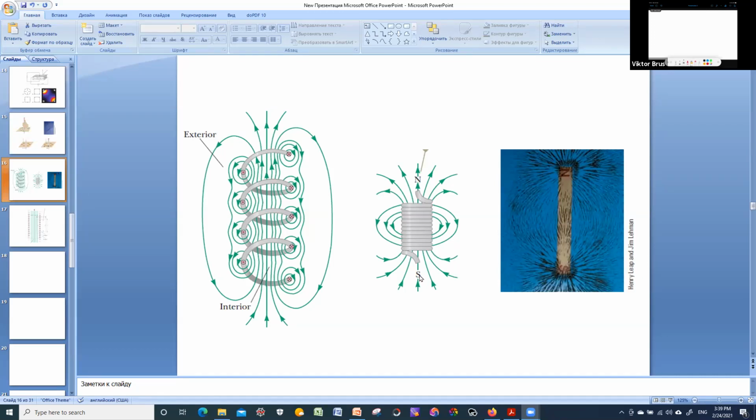We also see that we can consider some south and north pole for the solenoid, similar to the permanent magnet, and in the exterior region, outside the space defined by these turns of the wire, the magnetic field has some cylindrical symmetry.